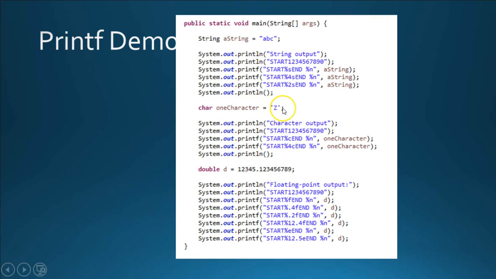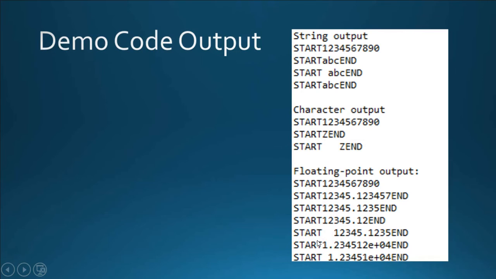Then I'm doing the same thing, but with the char. As you see here, it says %c, %4c. And down here is a decimal, and you'll see it's %f, %0.4f, %0.2f, %12.4f, %e, and %12.5e. So when we look at those, you can see how each of the outputs gets affected by those values. Each of them is going to have their own unique things.